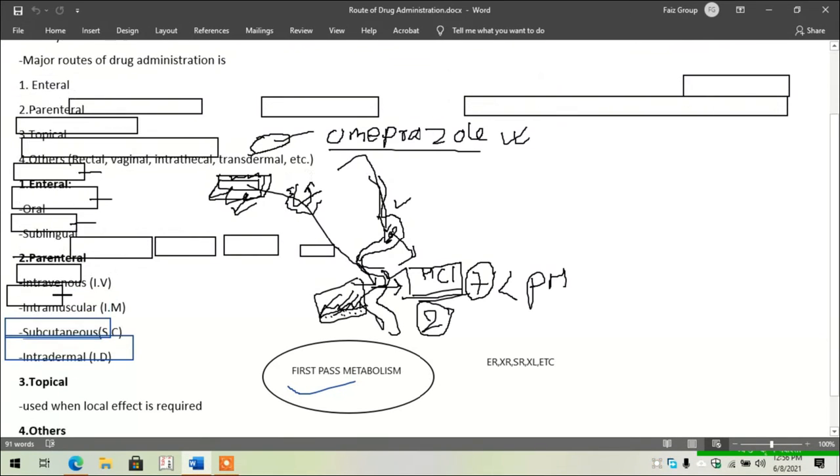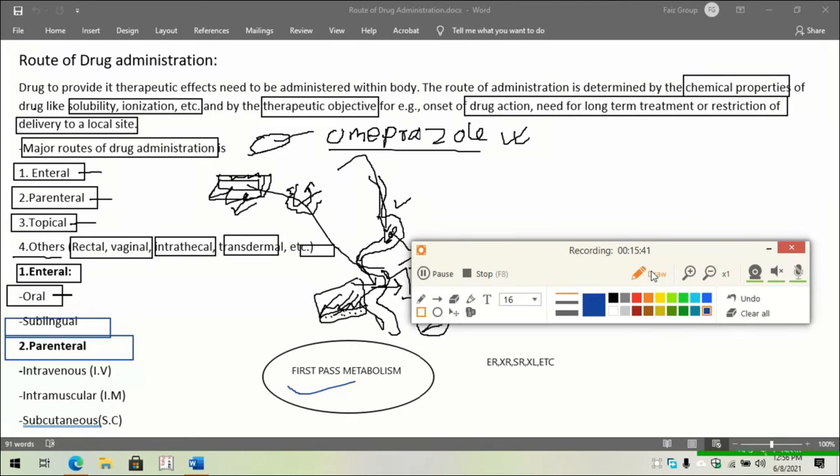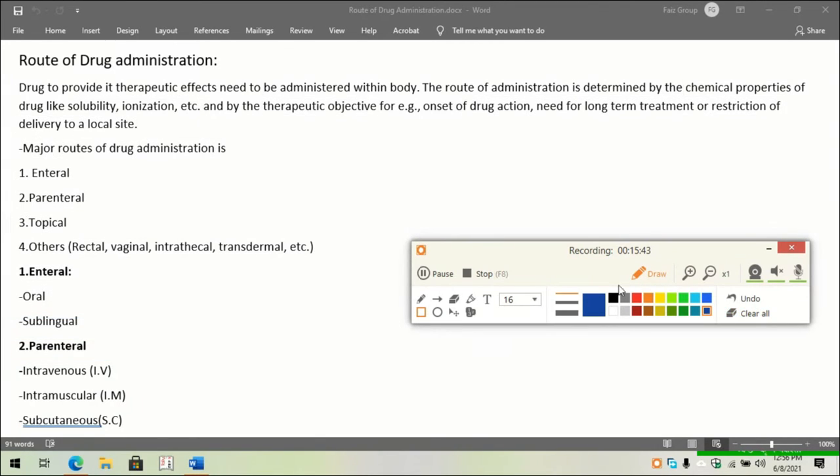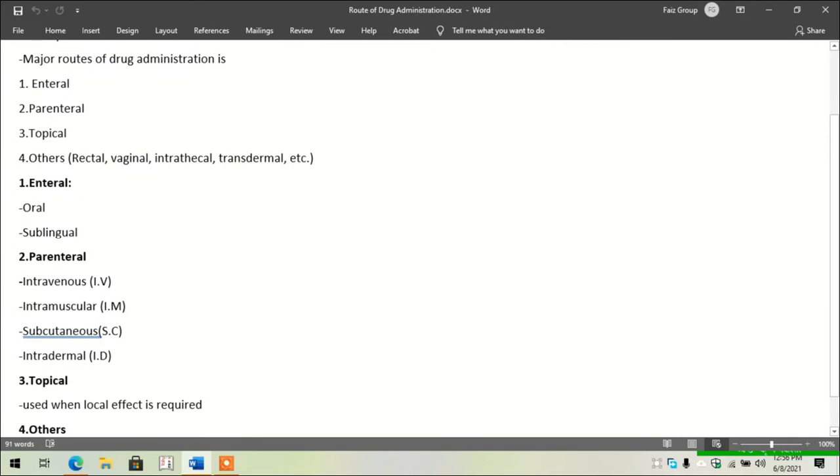So the parenteral route of drug administration includes intravenous, intramuscular, which is abbreviated as IM, subcutaneous, and intradermal. So let's discuss it in detail.